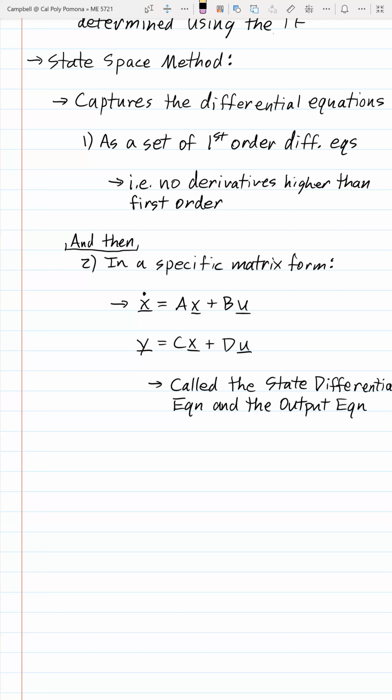And so are we only going to be looking at systems that involve first order derivatives? Thankfully the answer is no. There is a very simple way around what on the surface appears to be a particular issue, and you will start to see that very quickly when we start looking at the examples that will be a part of the next video associated with this first lecture on dynamic system modeling.